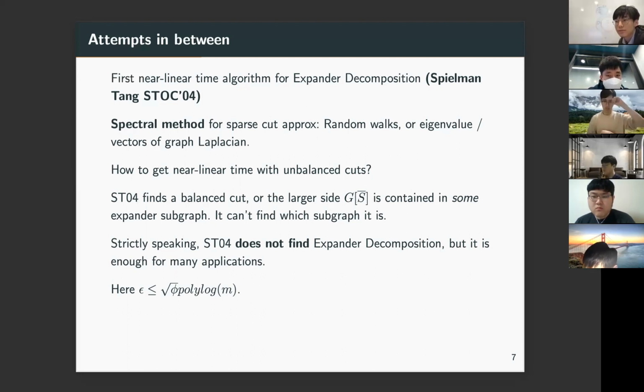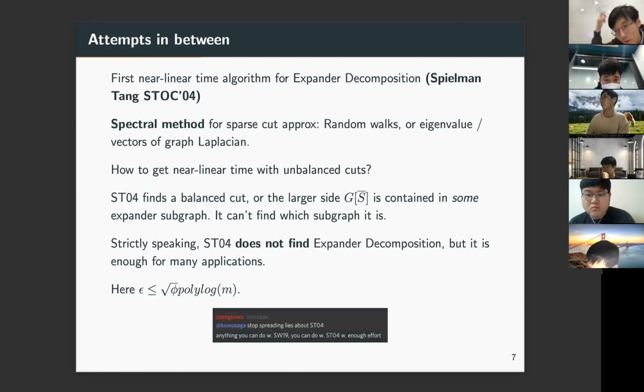That also gives a great opportunity for some approximations, so some algorithms. It does not really find an expander decomposition because this is not an expander. It is just contained in some larger expander, but it is enough for many applications. And here epsilon is square root of polylog m.